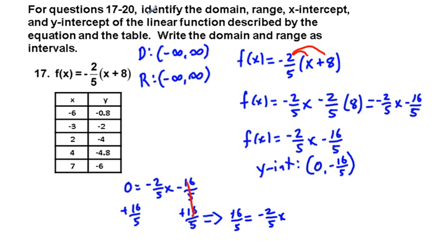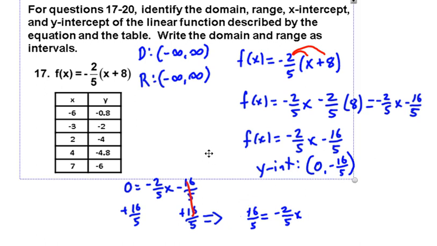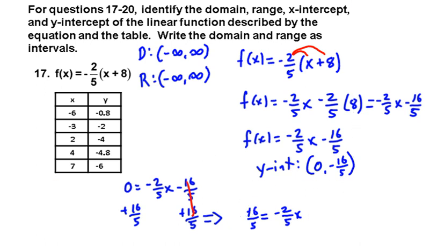And now what I'm going to do is, I have negative 2/5 x on the right side. To isolate x, I'm going to multiply by its reciprocal, which is going to be negative 5/2. Okay, and doing the same thing to both sides, negative 5/2 on the left side, the right side. So this negative 2/5 times negative 5/2 cancels out. So on the right side, we have x.